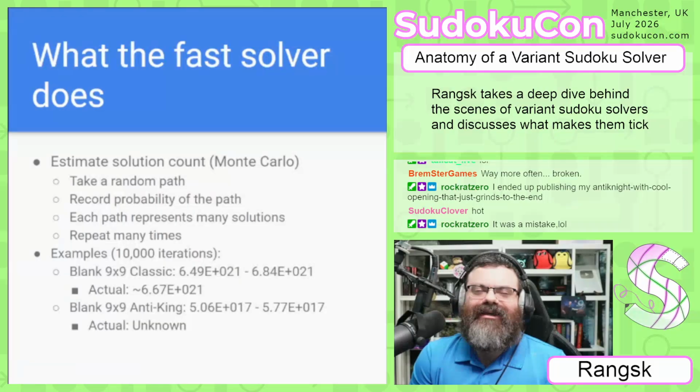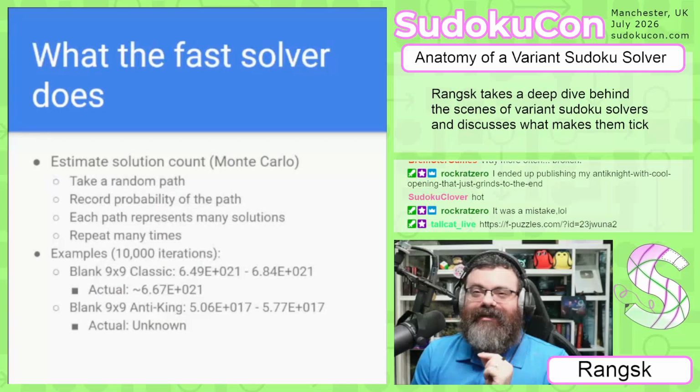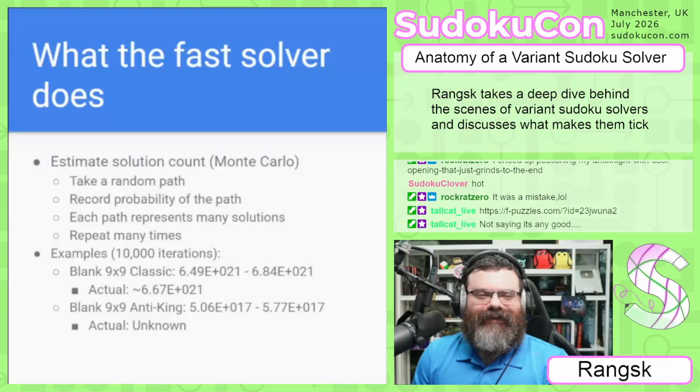So the question was: does Sudoku X or Anti-King have more solutions? If you had to guess, which one would you say? I would say Sudoku X has more solutions, I guess.